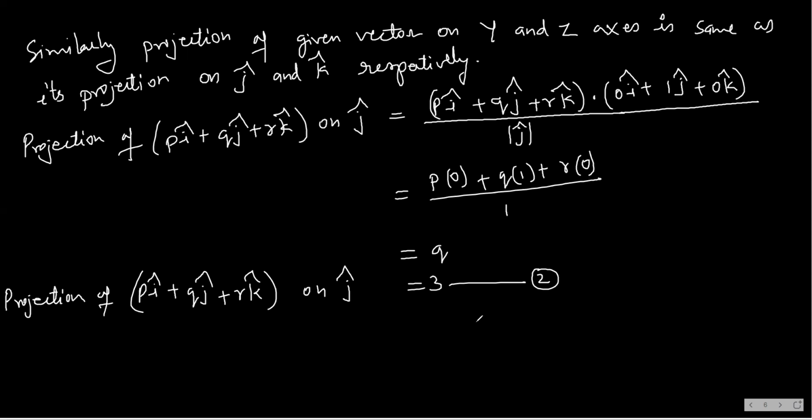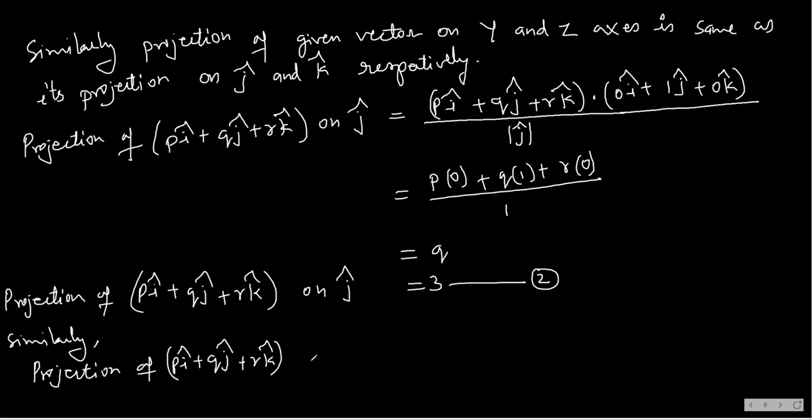I will write similarly, no need to do it in full. Similarly, the projection of pi cap plus qj cap plus rk cap on k cap is equal to r, that is equal to 4. So we got the projection of the given vector on all 3 coordinate axes.